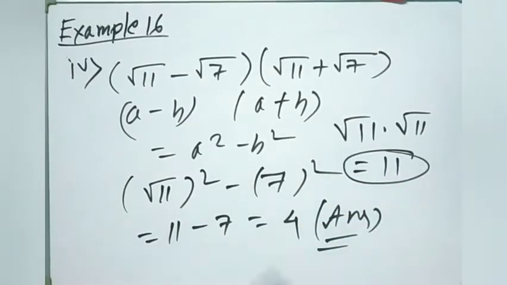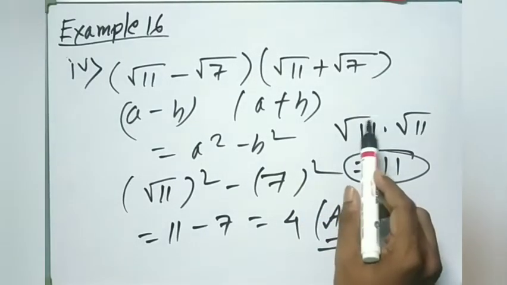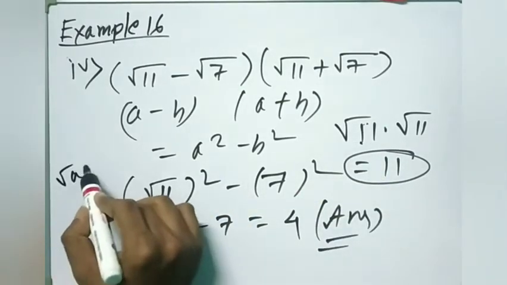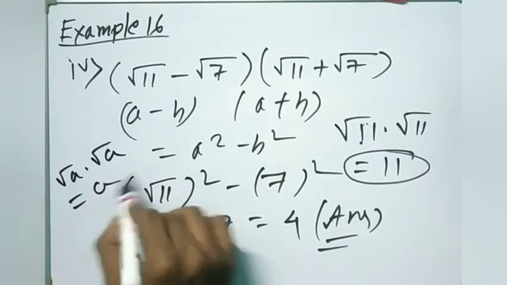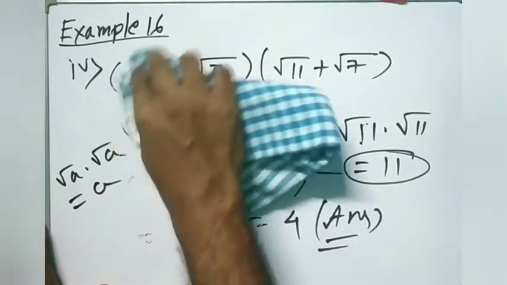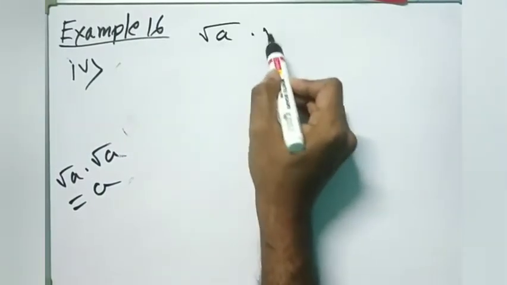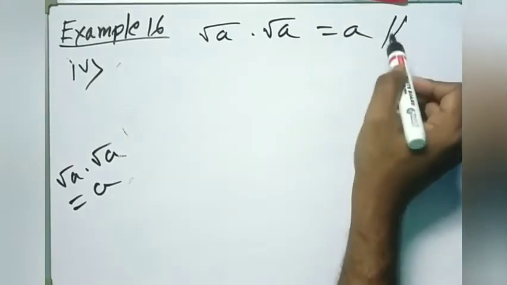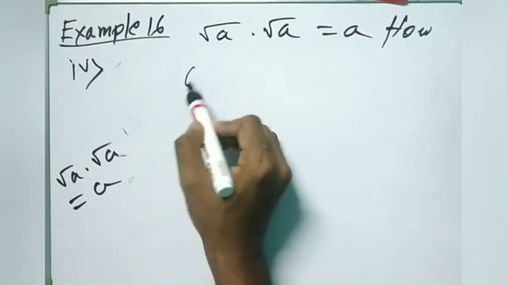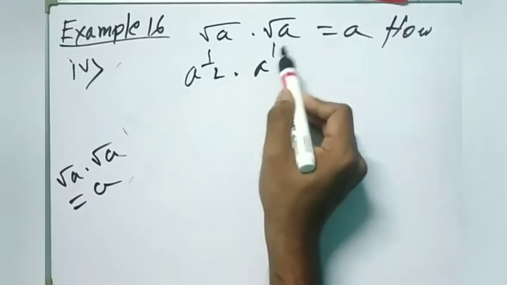Okay, I will tell you how it is coming, but let me clear how we can write root a dot root a equal to a. Okay, so let me clear this concept first. So root a dot root a is equal to a. How? First, we can write the square root part as a to the power half dot a to the power half.